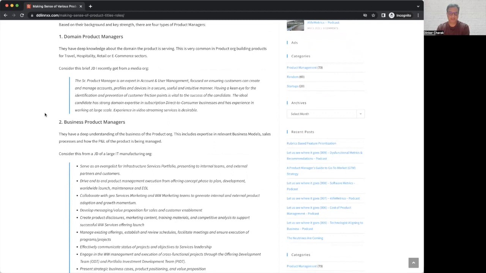Domain product managers are the product managers who have a lot of domain expertise. For example, if a product is being built in the domain of retail, they would understand retail a lot. I found a very interesting job description for one such role, from a media organization. This role talks about someone who is an expert in account and user management, focusing on customers, ensuring that they can create and manage accounts, things very specific to that domain.